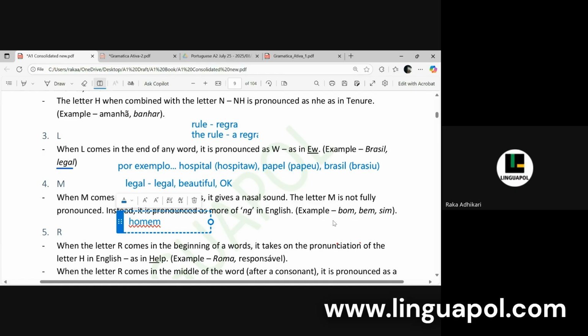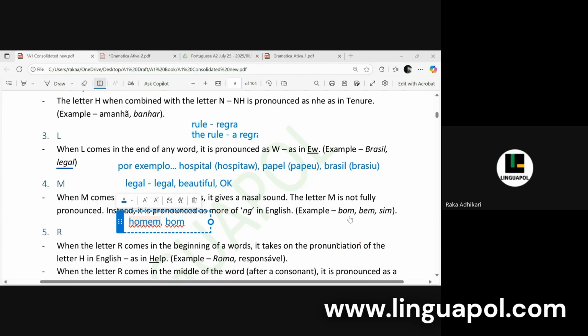Then the examples given here, like the word bom. Okay. So we are tempted to read this word like bomb, but it's not bomb, it's bom. So the mouth remains open. We don't close our mouth to say M at the end. It remains open and it gives a nasal sound, which we call an open nasal sound. That means we don't close our mouth at the end of the word.